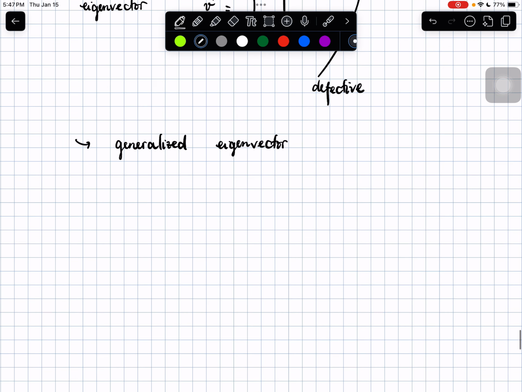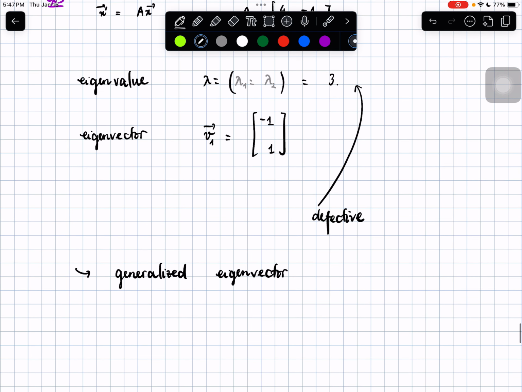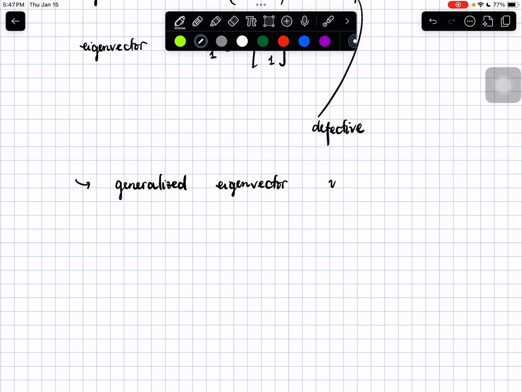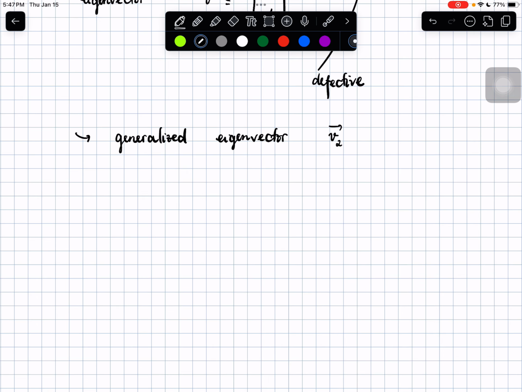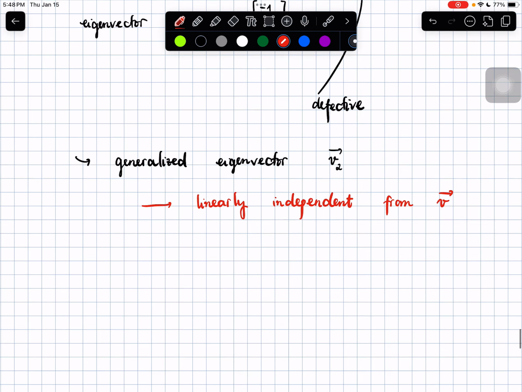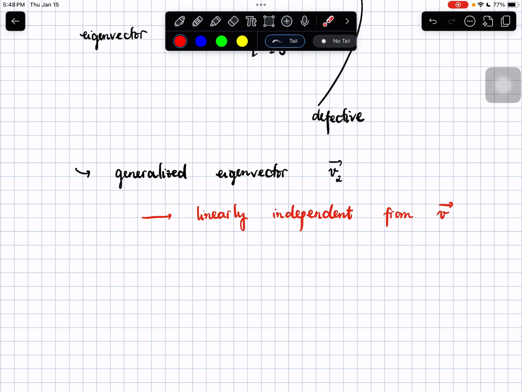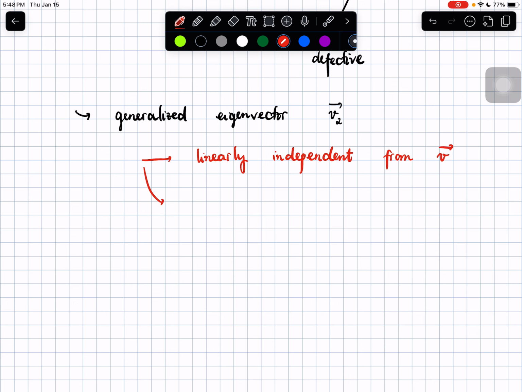Let me call V1 the actual eigenvector, and V2 the generalized one. The generalized eigenvector is a choice that is linearly independent from the vector V, the actual one, and it satisfies this equation: A minus lambda I squared times V2 equal to 0.